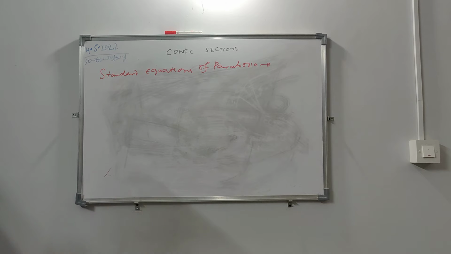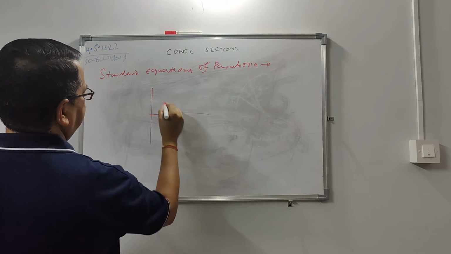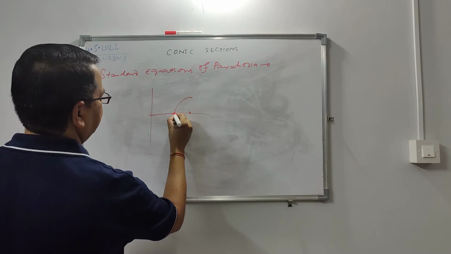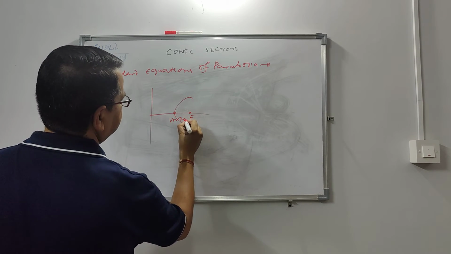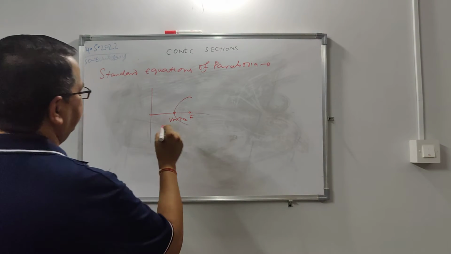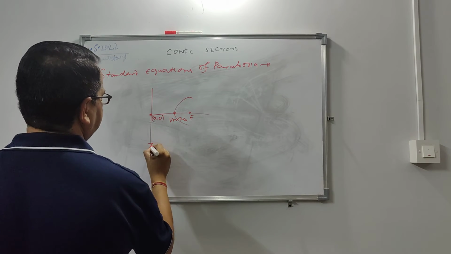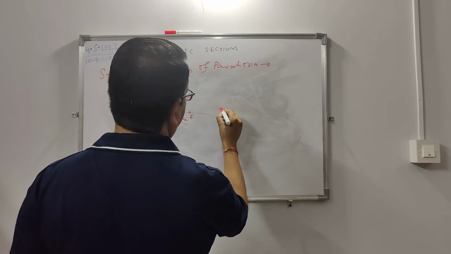So if your vertex is at origin, the generalized condition is like this: this is my directrix, this is my focus, this is my vertex. This is the generalized one. But the simplest one will be if this is my origin, 0, 0. So a more simplified one can be like this.